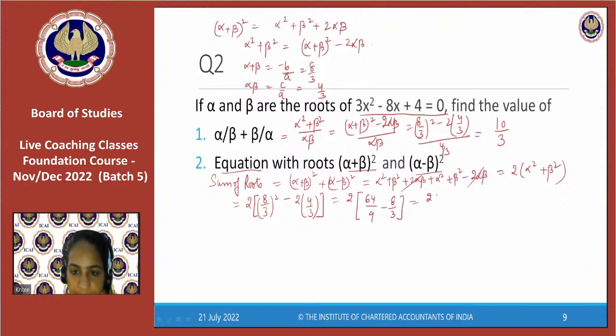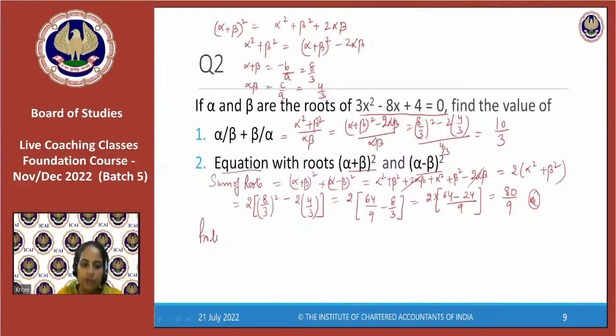Cross multiply: twice of 64 minus 24 by 9. That is 40 into 2, 80 by 9 as the sum of roots. Likewise, you will do the product of roots.